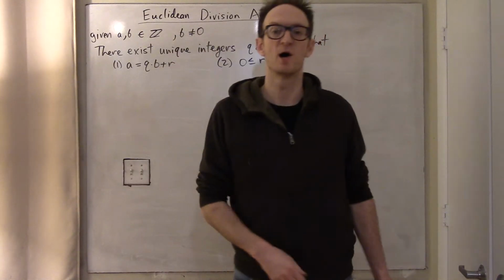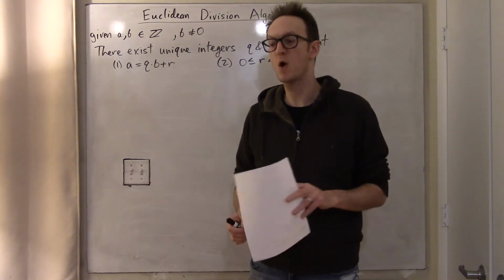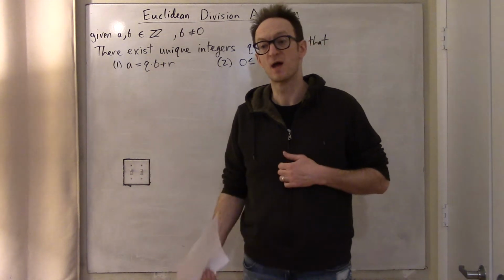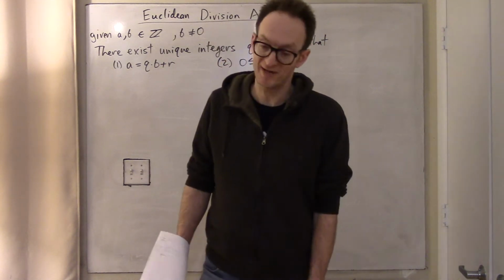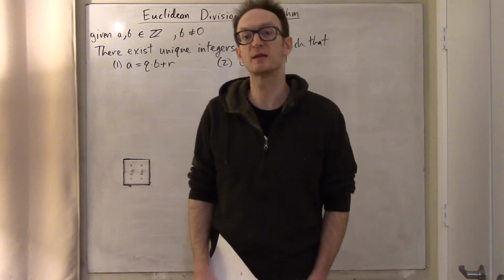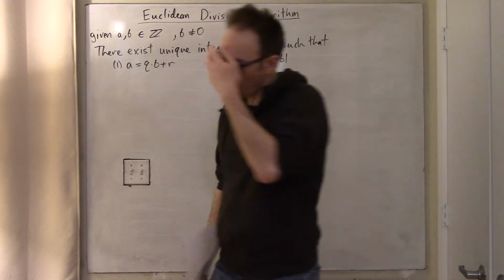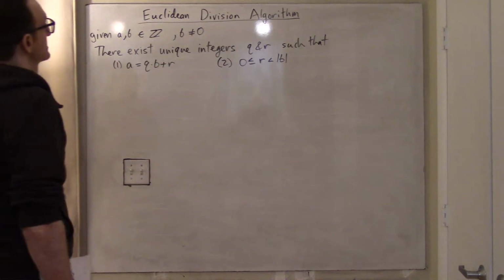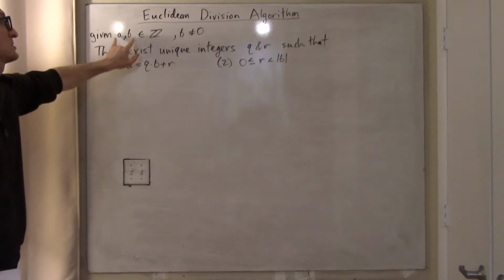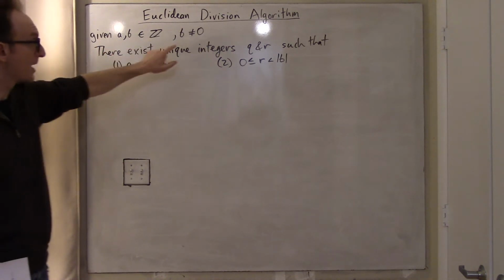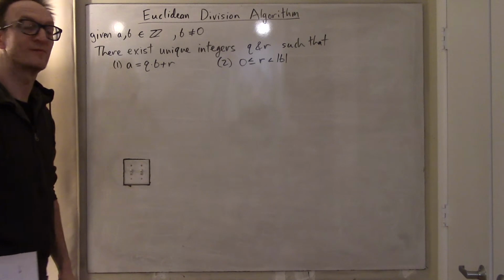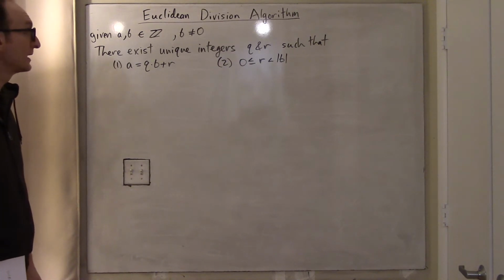Okay, hello. In class on Wednesday, we spent a long time, half an hour or something like that, proving the Euclidean Division Algorithm. What is the Euclidean Division Algorithm? It says that given any integers a and b, not 0, you can divide a by b.